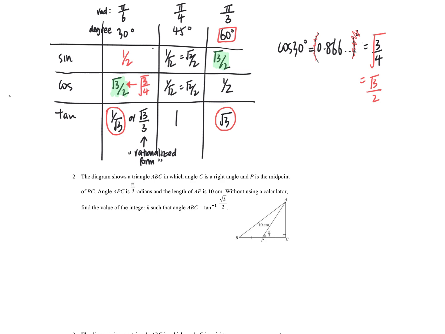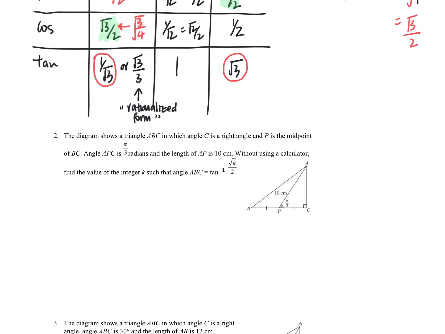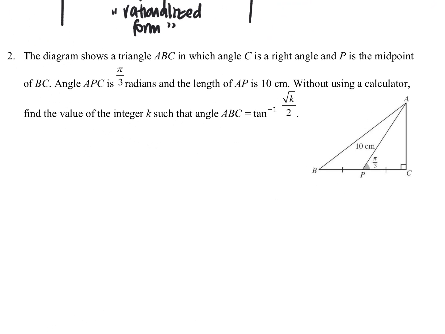Okay, so first thing first, I want to look at the small triangle. So I zoom. I want to look at the small triangle here to help myself find what is PC. Since it's a right angle triangle, I have H, A and O. So I have H, I want to find A. So I will use cosine.